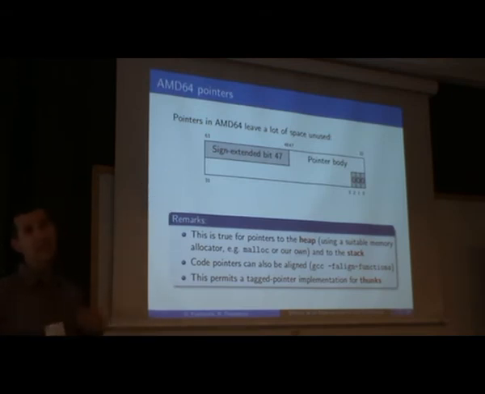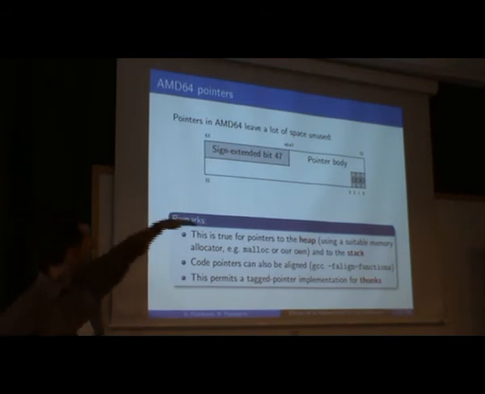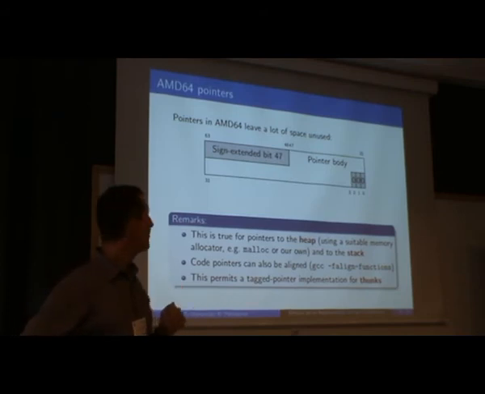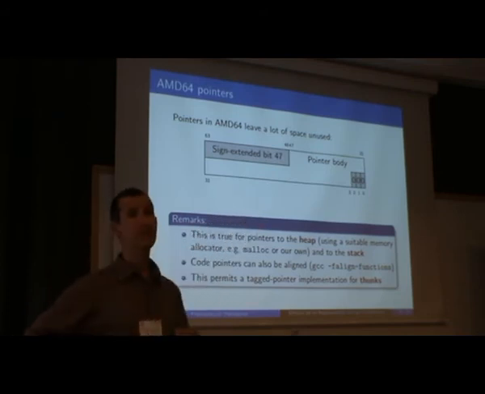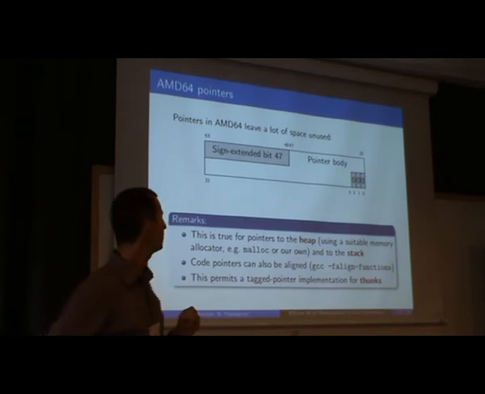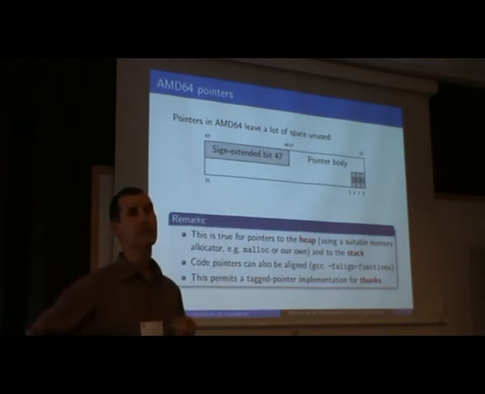In architectures like AMD64, there is a lot of unused space in pointers. If you have a pointer, either to the heap or to the stack, that is aligned, then the least significant 3 bits are necessarily 0.